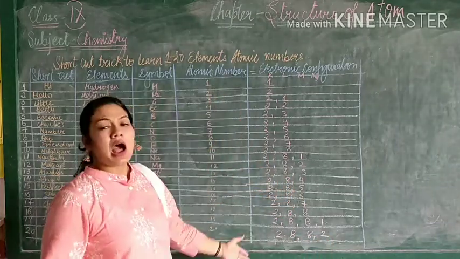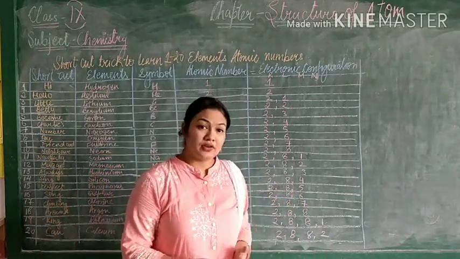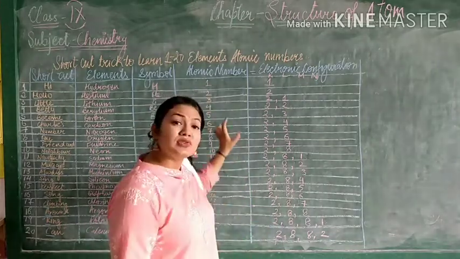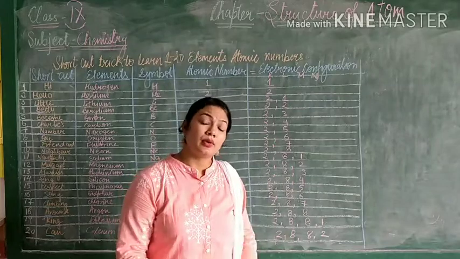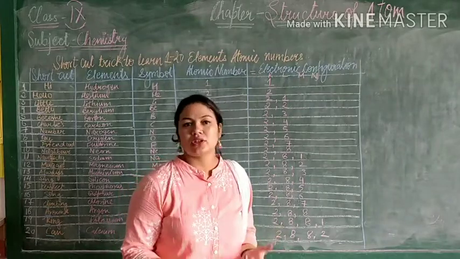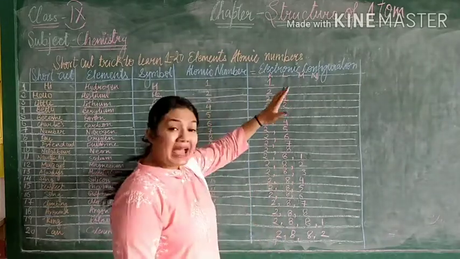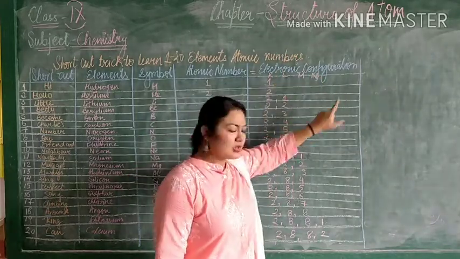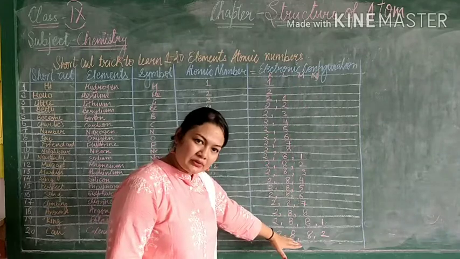So this is how we write the electronic configuration of an element with the help of the atomic number, because the atomic number is equal to the number of electrons as well as the number of protons. But as we are talking about electronic configuration, we are talking about electrons.